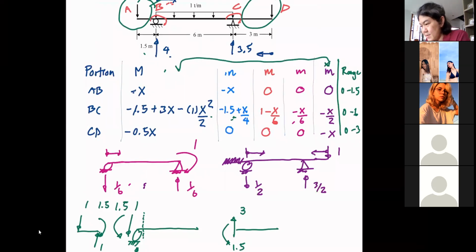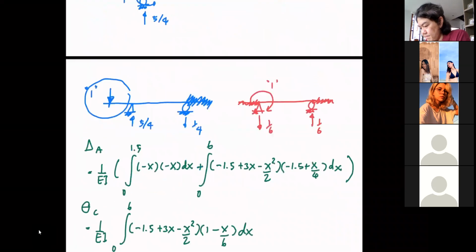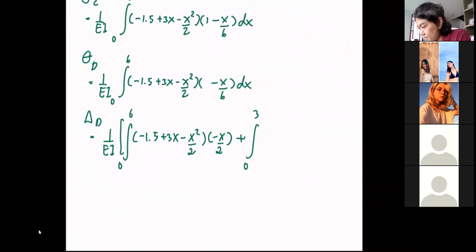A half minus x over 2. Oh, no, minus x instead. Minus x over 2, that's correct. But then this becomes minus x. Okay, dx.